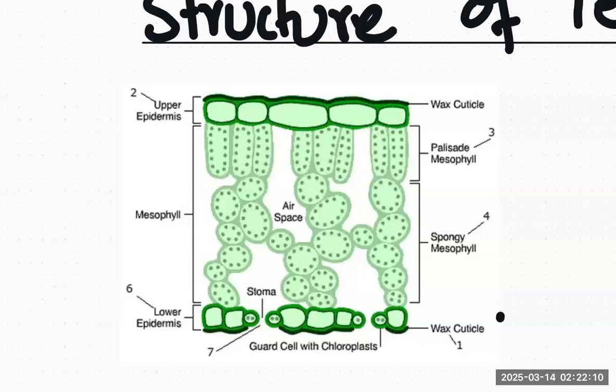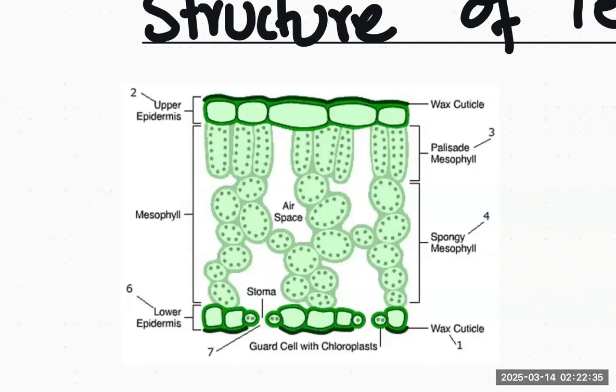The palisade mesophyll cells are called that because they have a tall, column-like or rectangular shape. Spongy mesophyll cells are usually circular and they have large air spaces between them. That's why we call it spongy.